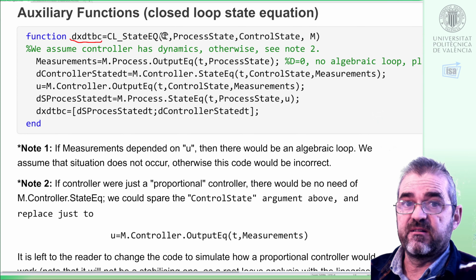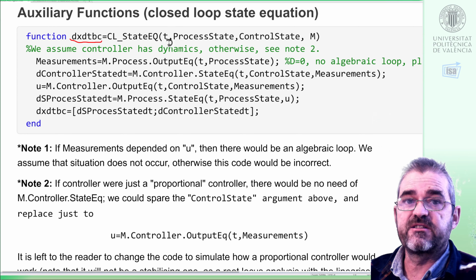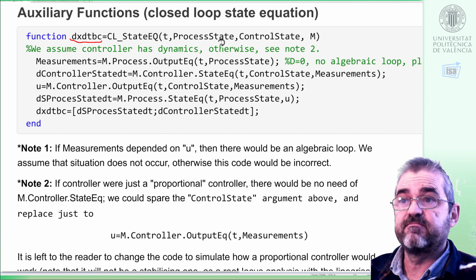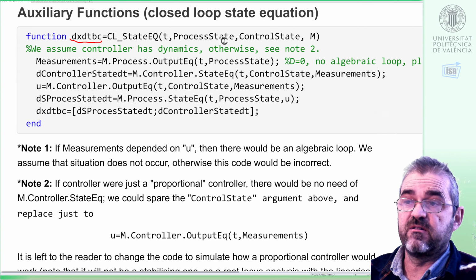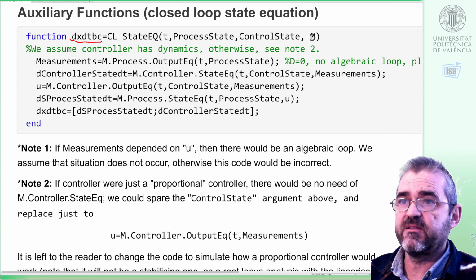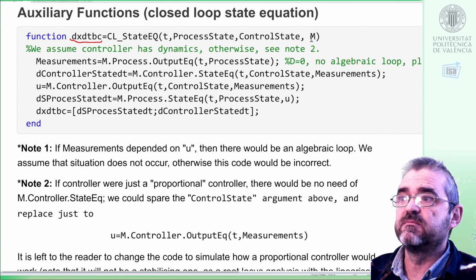Its inputs will be the clock, in case I have some function of time or time varying parameter, the process state, angular position and velocity of the mass in the pendulum, the control state, which is associated to the derivative filter, and, as I say, this M with the model.